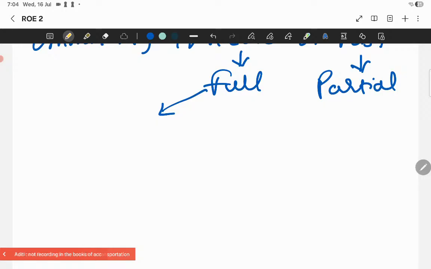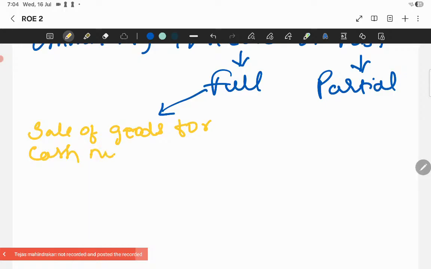Now, example is sale of goods for cash not recorded. When they say not recorded, it means neither the debit nor credit is recorded.